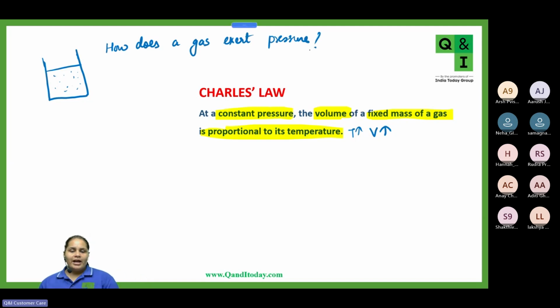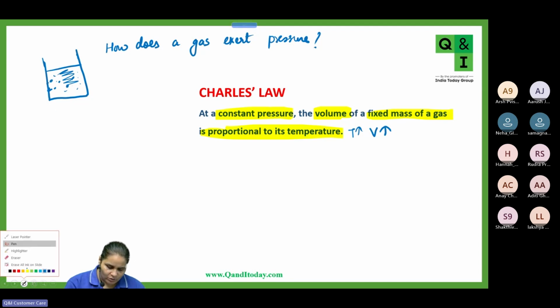So what happens when the gas molecules move around? They move randomly, isn't it? These gas particles, these molecules, move here and there randomly because they have high kinetic energy. So they will be colliding with each other as well as with the walls of the container.